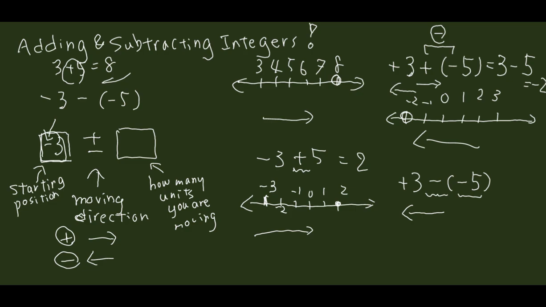Negative 5 units. So you are going in the opposite direction. Opposite of left is right. Okay? So right is positive. So two negatives next to each other makes it positive. So it's the same as positive 3 plus 5, which is 8. Okay? Right.